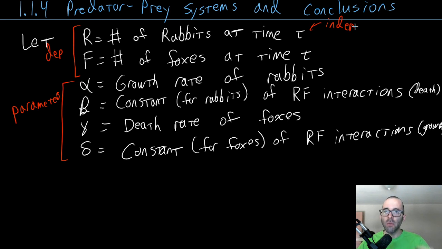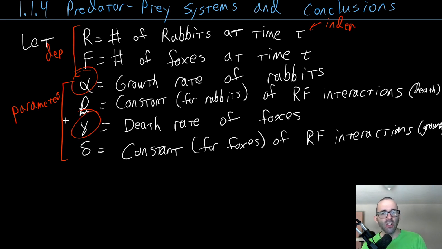Okay, so a bunch of assumptions here, and then we'll have some parameters that kind of govern this. We'll have a growth rate for the rabbits and a death rate for the foxes. We don't really need a death rate for the rabbits because the rabbits are going to die from the foxes.